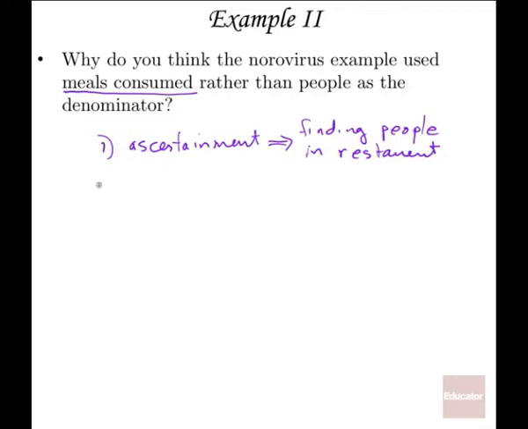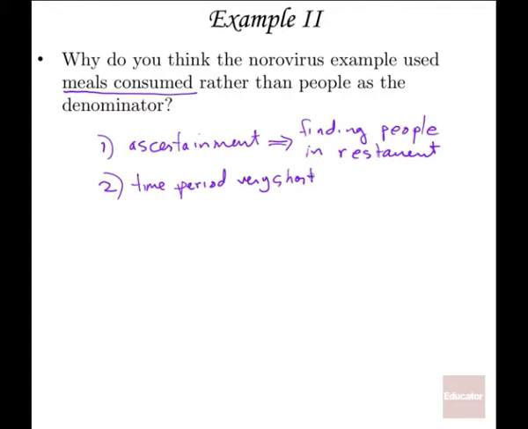The other thing going on with this investigation was the time period. The time period was very short, and it was important that the restaurant make this determination as soon as possible. So in the case of the restaurant, it was much easier for them to pull all their slips, from where the waitresses made their orders, and they could count up the number of meals that were served during these very short time intervals.